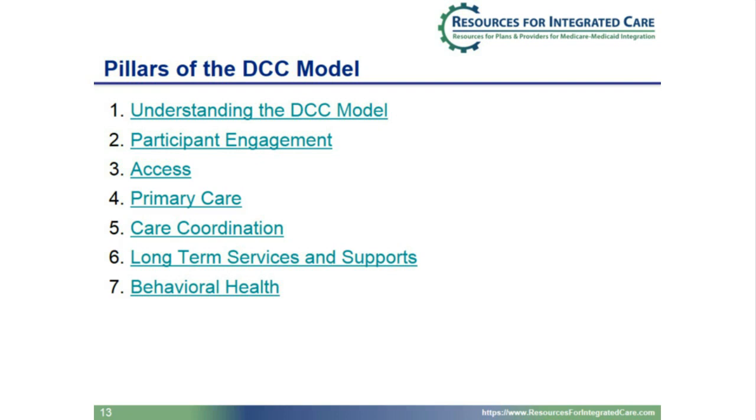Lastly, behavioral health are the services and supports required to address mental health, chemical abuse, and behavioral functional needs. The integration of these services into the comprehensive plan of care is vital to the success of the participant to live their lives as they choose.